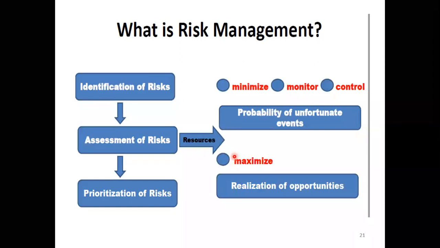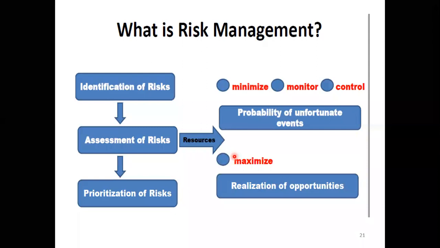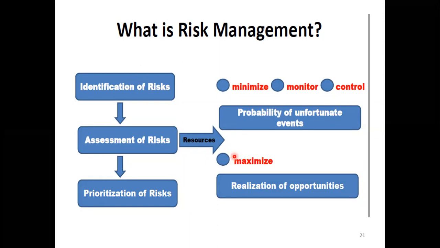So the thing is the same. The COVID-19 pandemic is the same, but it gives uncertainty. This uncertainty may affect the organization adversely, and also it may give opportunities to grow. In such circumstances, they have to realize the opportunities to upgrade their organizations.